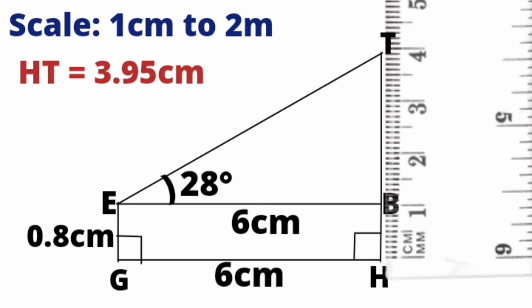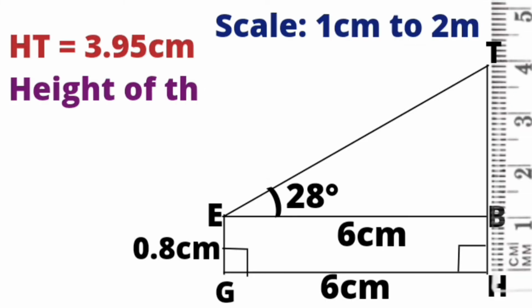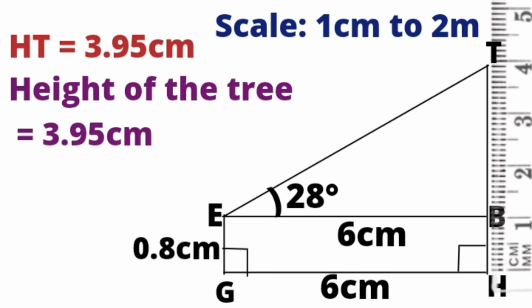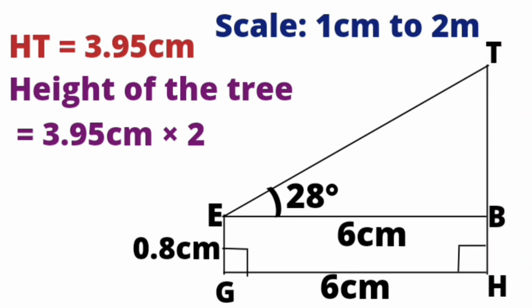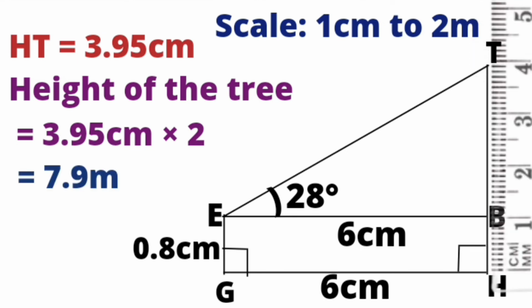So the height of the tree will be 3.95 cm times 2. 3.95 times 2 is equal to 7.9 meters. This is approximately 8 meters. So the height of the tree is 8 meters. Good. I hope you understand this.